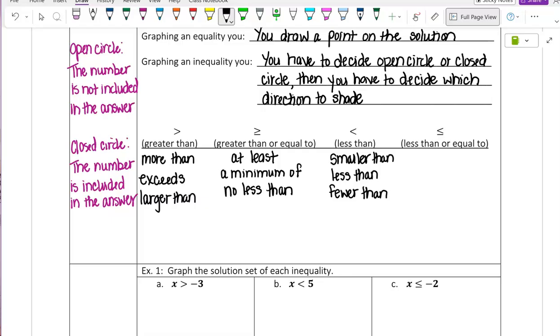And then for less than or equal to: at most, no more than, not exceeding, a maximum of.